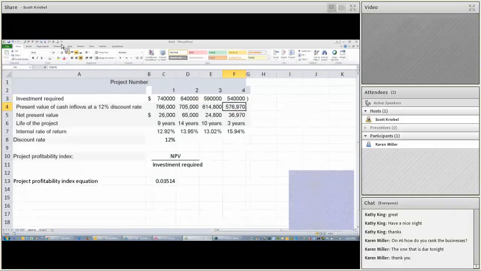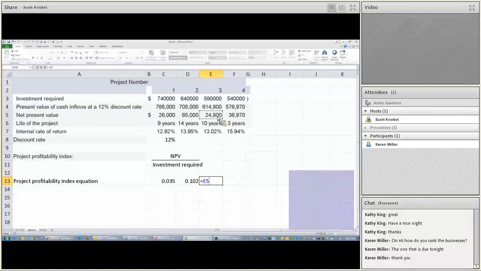Okay. So this gives us a project profitability index of 0.3035. And then for project number 2, that's point. And I think it asks you to round to the nearest 3 decimal places. So there's 3, and there's 3.